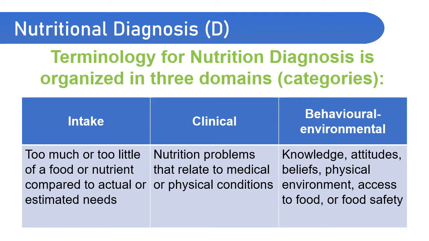For the clinical factor, we consider nutrition problems that relate to medical or physical conditions. And for the behavioral and environmental factors, we consider knowledge, attitude, belief, physical environment, access to food, and also food safety.